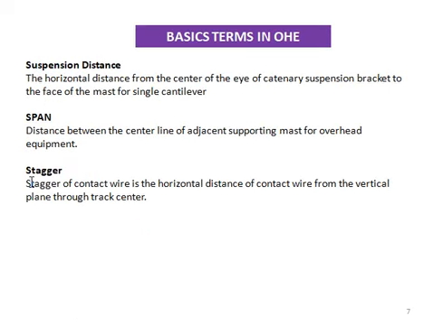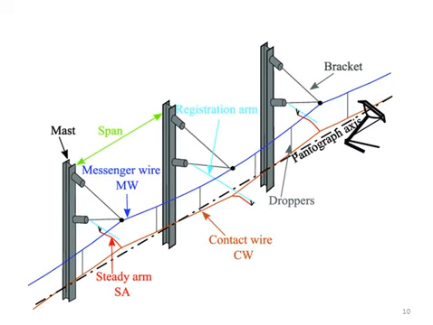Then what is stagger? I told you about stagger briefly in the last video. Once again, stagger is the horizontal distance of the contact wire from the vertical plane to the track center. For easy understanding, we'll open the same image where we have seen it.